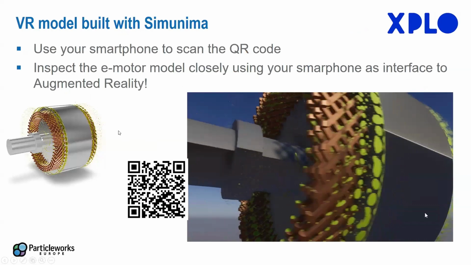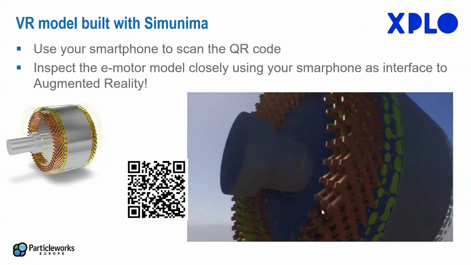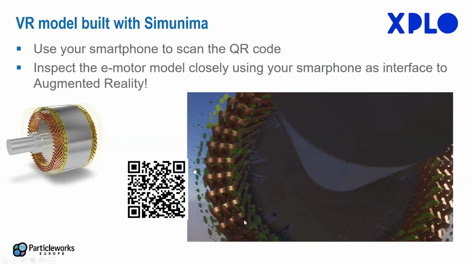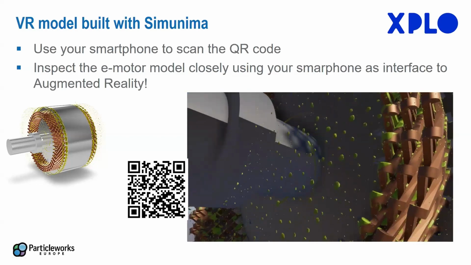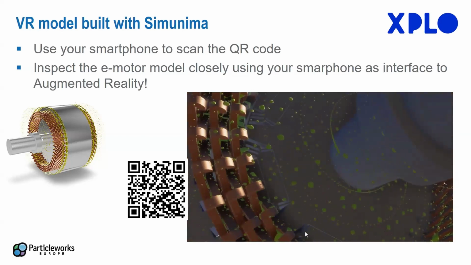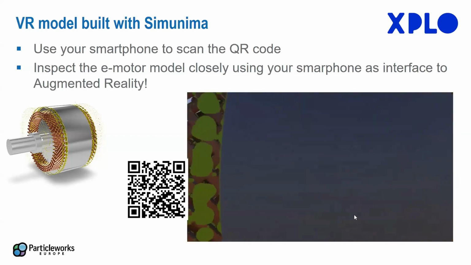Here we have an example of a VR model that was built with this workflow. You can see the e-motor cooling type of application. By the way, if you scan the code, you will be able to access it also with your phone. In this way, we can generate a VR model from Particleworks results in order to better show the results to our customer and to have a better visualization of the flow.